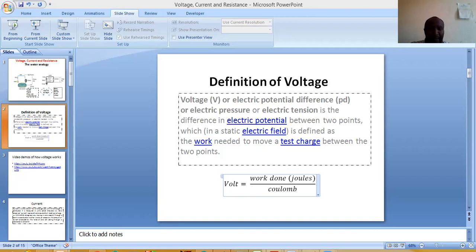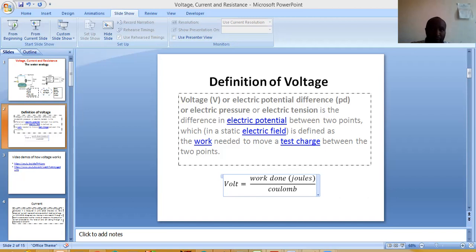Now, the reciprocal of resistance of a material is referred to as conductance. Resistance is measured in units of ohms, and conductance is measured in units of Siemens. So conductance is the reciprocal of resistance, and the two tell the same information in different ways.